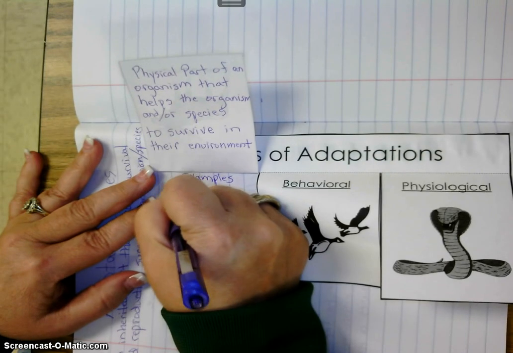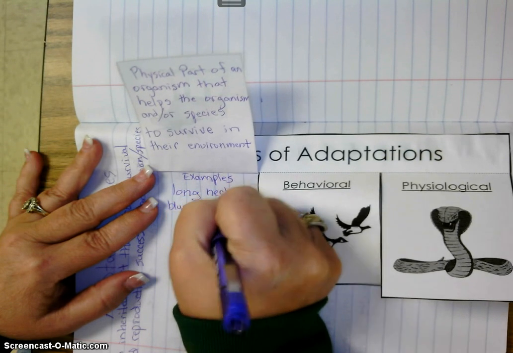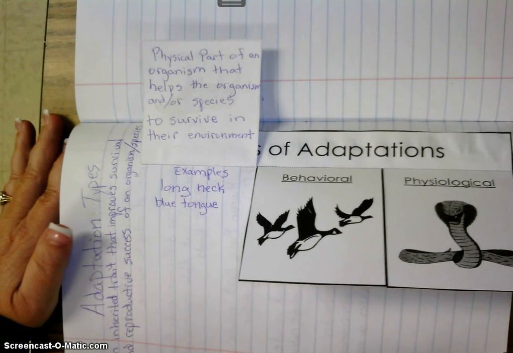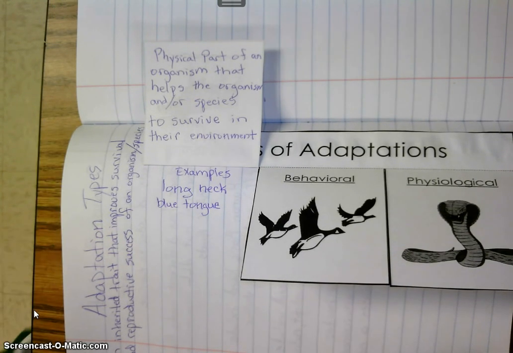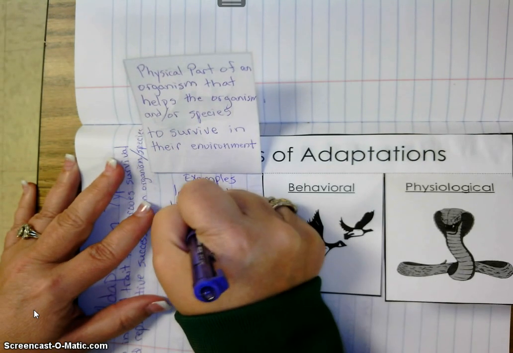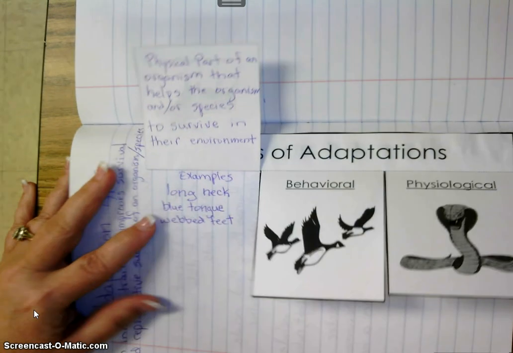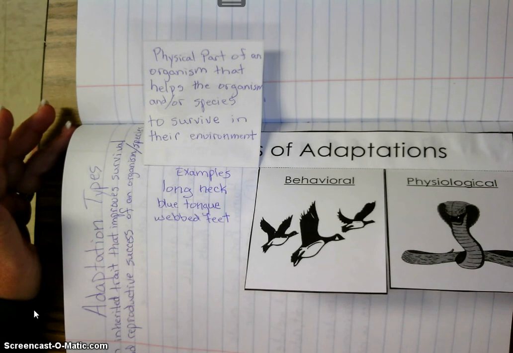Might be the blue tongue that doesn't get sunburned when their tongues are out in the sun all day. Some animals even have a blue tongue to show that they are poisonous or something. If you've ever seen chicken feet compared to a duck's feet, the duck has webbed feet. That helps it to move in its environment and helps it to survive by giving it a way to get away from predators or to get to its food.